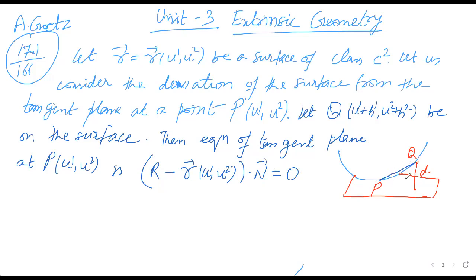So (R minus R(u1, u2)) dot N is equal to 0. Where N, आपको पता है क्या होता था, हमारा N normal. I can write N is R1 cross R2 upon mod of R1 cross R2. It is the normal of this tangent plane, in terms of R1, R2.